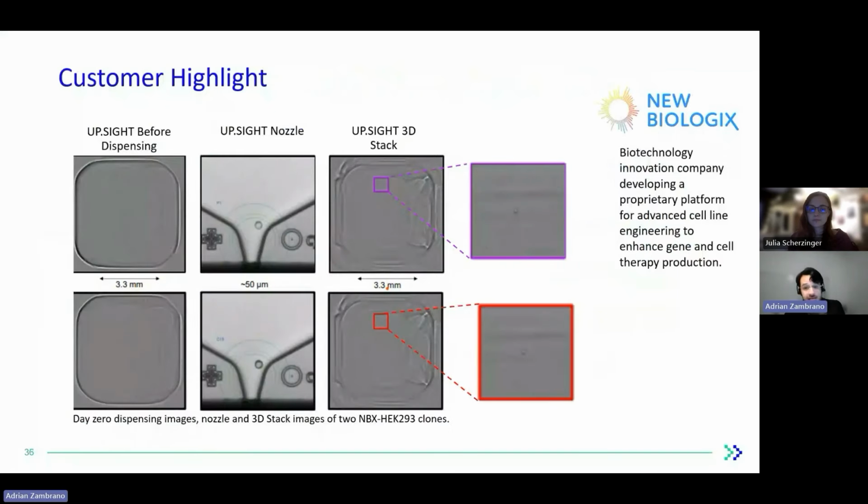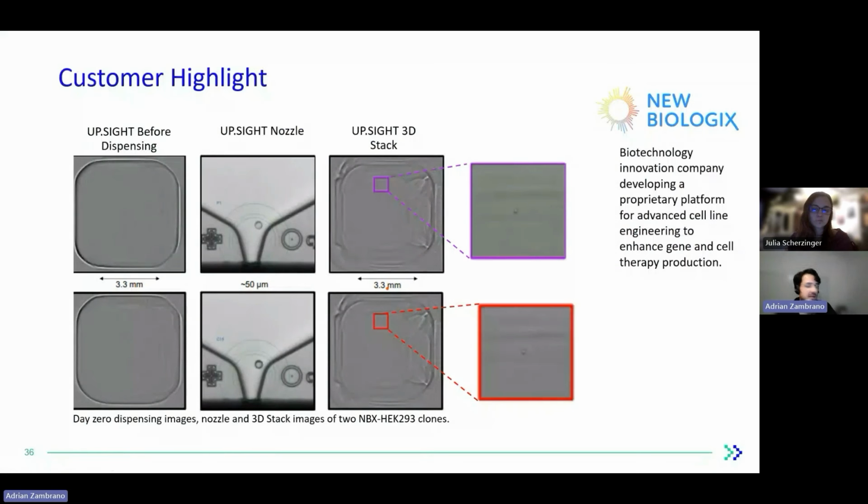The second case is New Biologics and their, I would say, multi-imaging strategy to directly generate two cell lines. In this example, they have used the Up.Sight for three ways of imaging. Before dispensing, it took a picture.